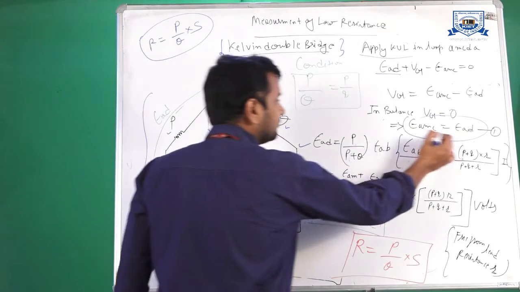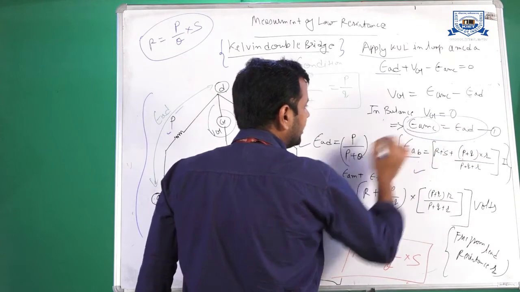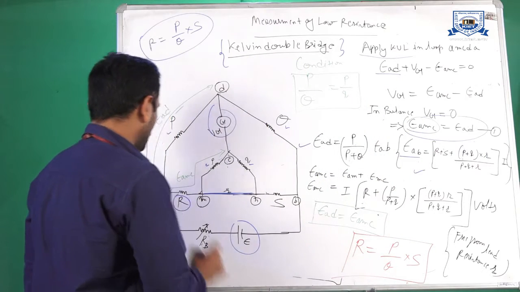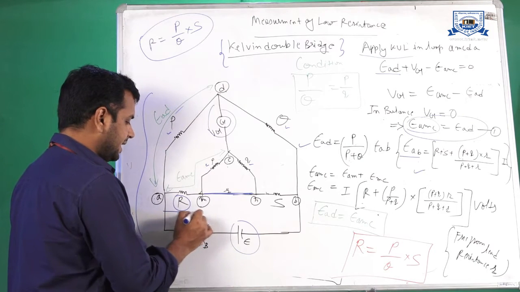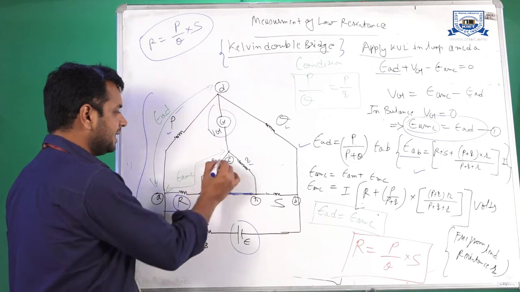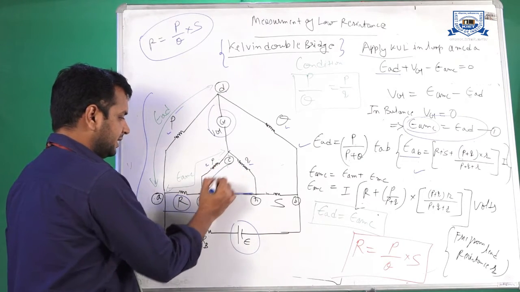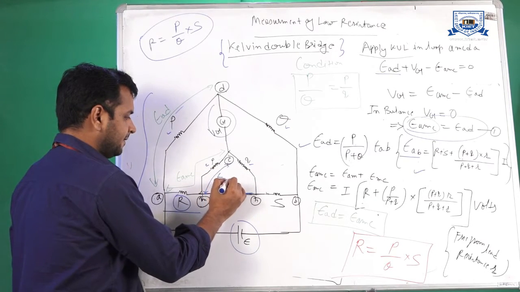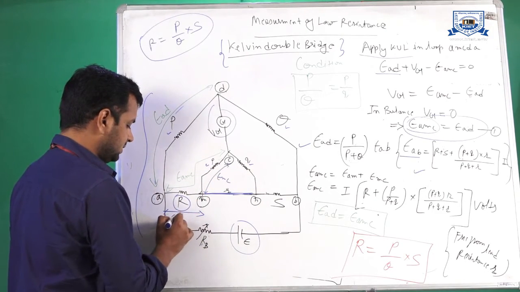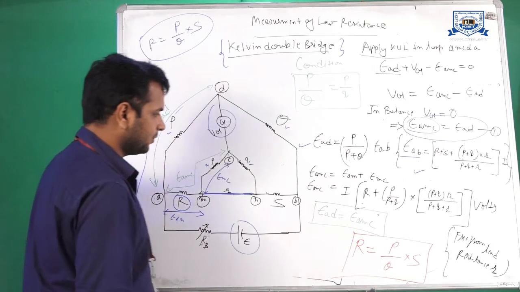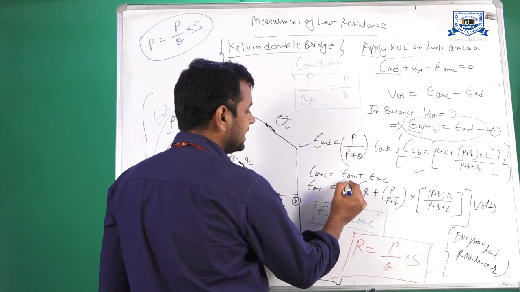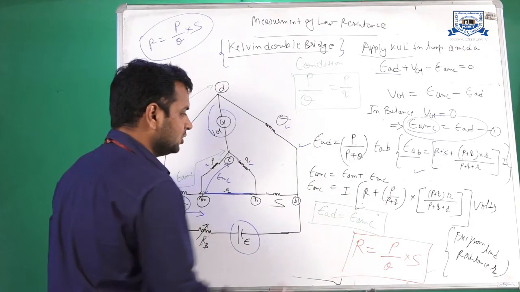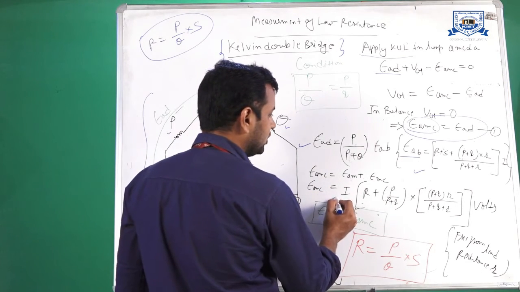Now second, from equation 1 we need to find out the value of EAMC. So what will be the value of EAMC? That will be EAM plus EMC. So EAMC will be equal to this.